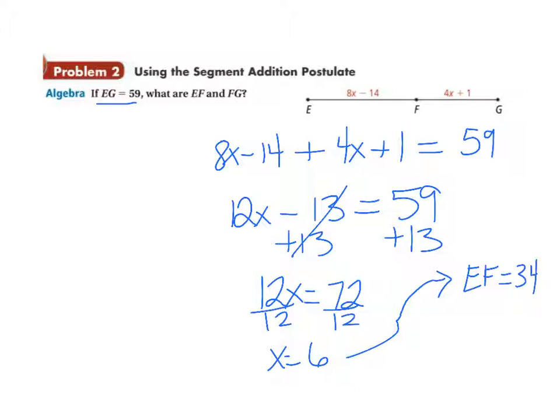And then I'm going to do the same thing. I'm going to grab the x that I have, the 6, and plug it in right here. 4 times 6 is 24, plus 1, that's 25. So FG is equal to 25.